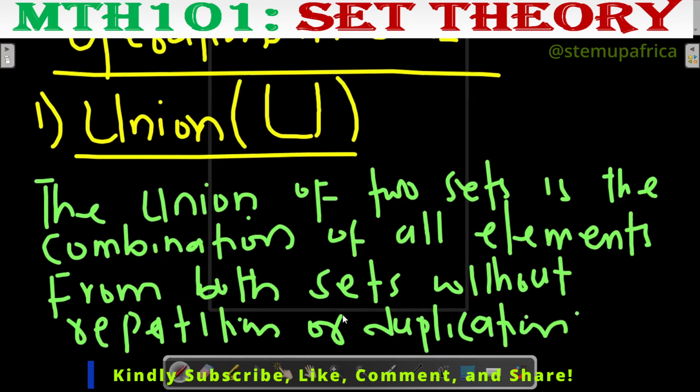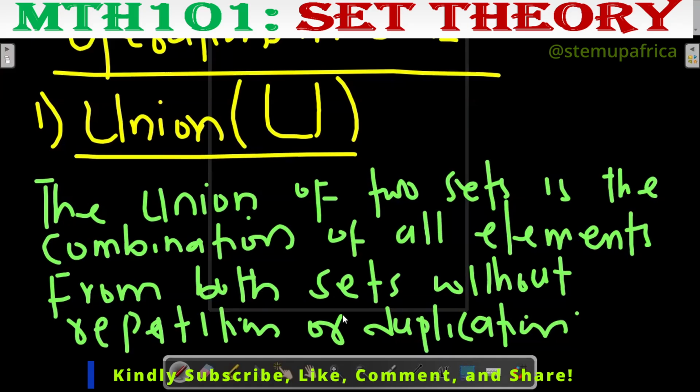That's what I mean by union. The combination of all elements from both sets without repetition or duplication.